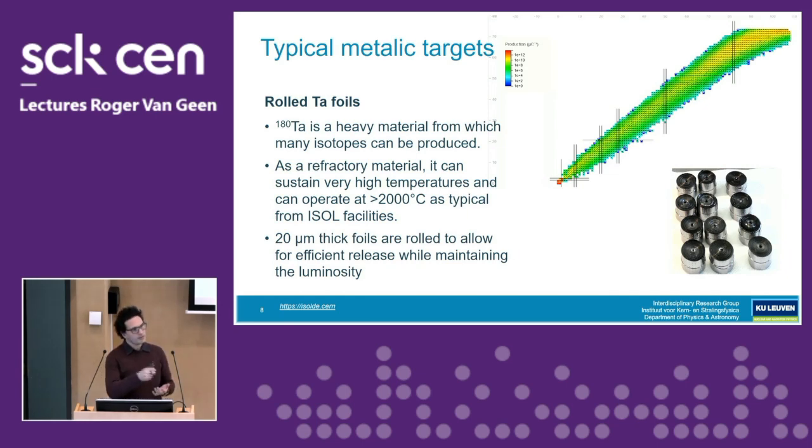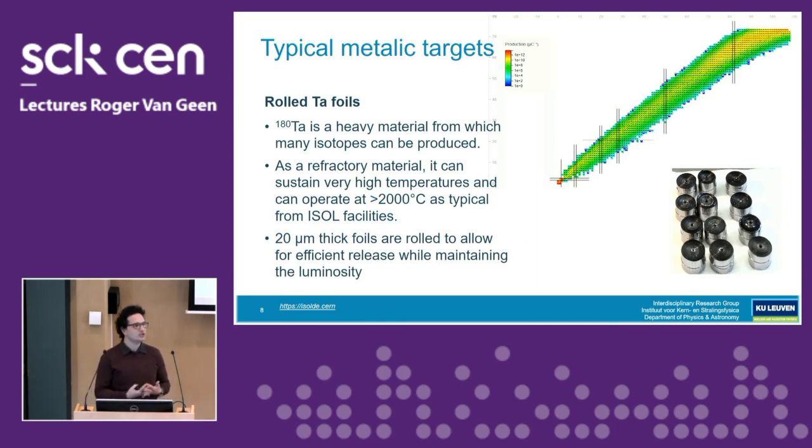And you roll them so that you can keep them very thin and allow for the fast diffusion across that thickness, but also maintain a sufficiently high density that your luminosity is not affected by the fact that you actually work with thin foils. So that's how you have this trade-off between having something very thin, but still having a decent enough density.